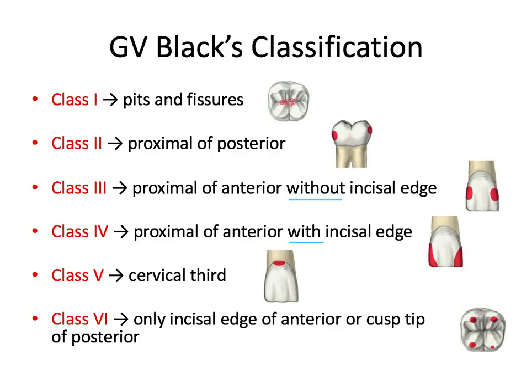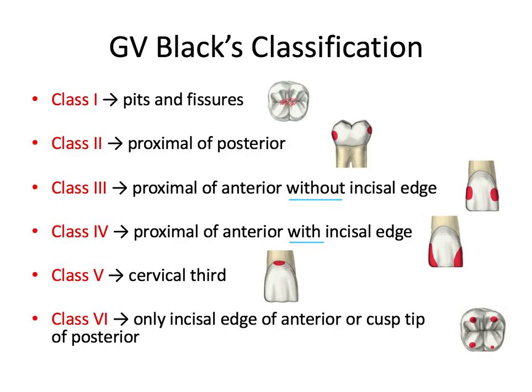Class 5 decay refers to caries in the cervical third of the facial or lingual surface of any tooth right along the gum line. So this is a common place to get caries for people with exposed root surfaces, xerostomia, or in adolescents or young adults with particularly poor oral hygiene.